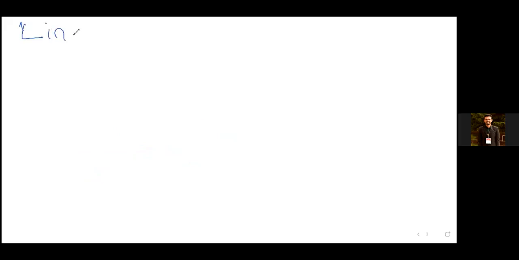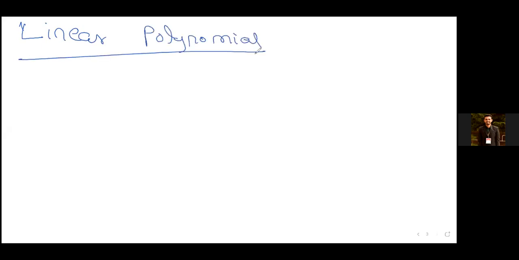Then let us discuss some different types of polynomials. We have the first type, that is a linear polynomial. Can anyone tell me what is the meaning of this term linear polynomial?